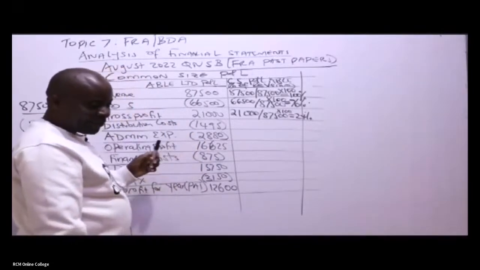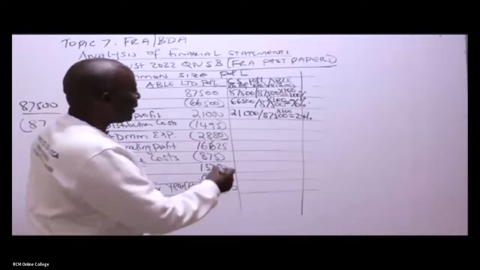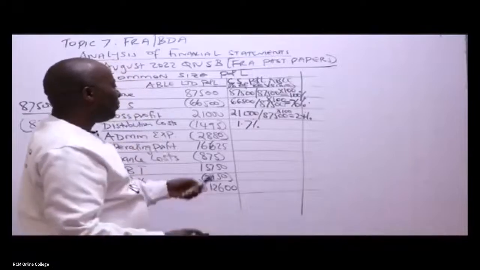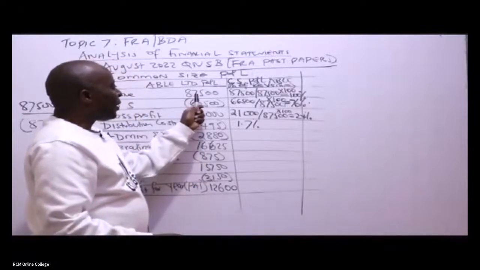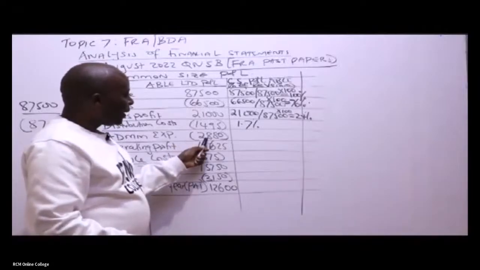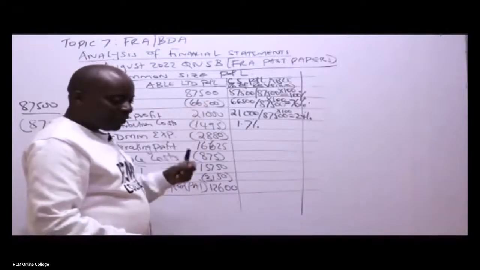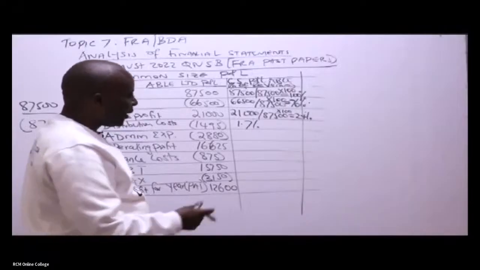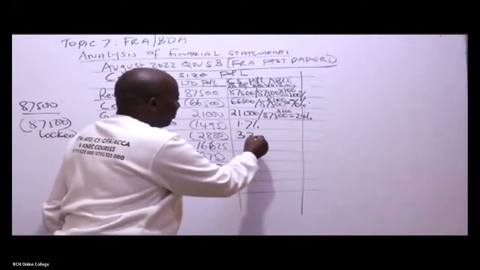So I'm being given 1.7%. Then you come and give me 2880 divided by 87,500. What are we getting, ladies and gentlemen? 3.3%. Thank you very much.